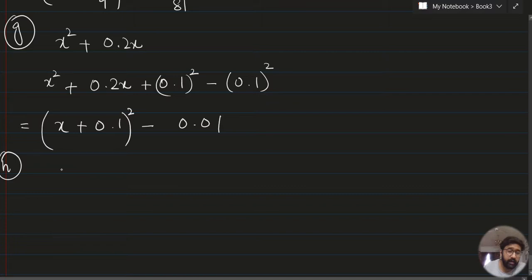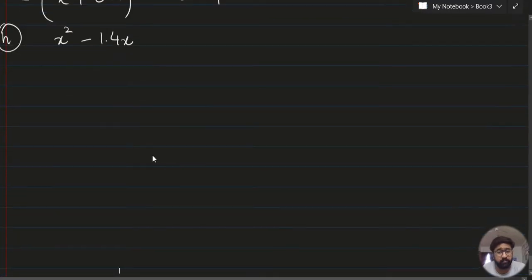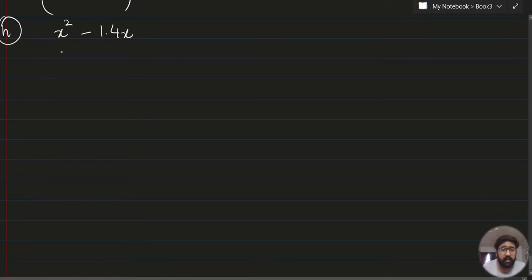Then the H part, x square minus 1.4x. So let's simplify them. x square and the half of 1.4 is going to be 0.7.